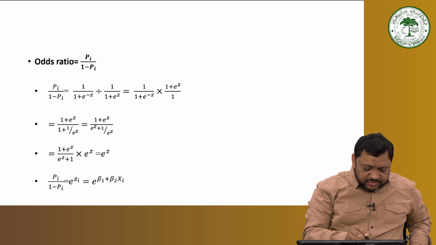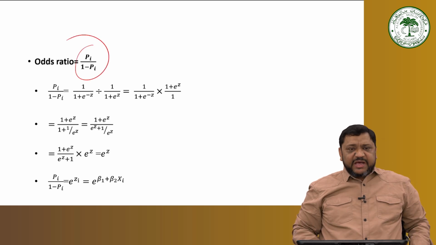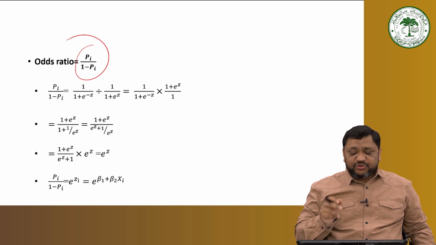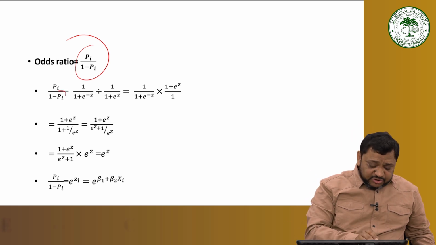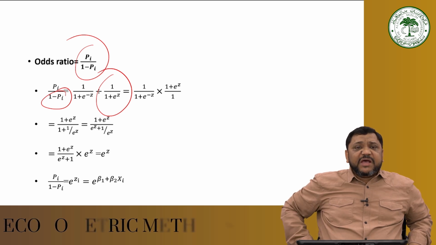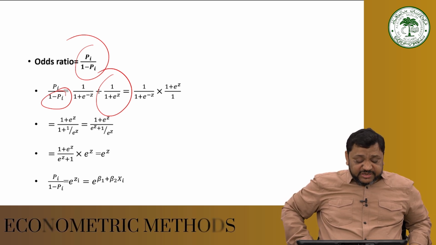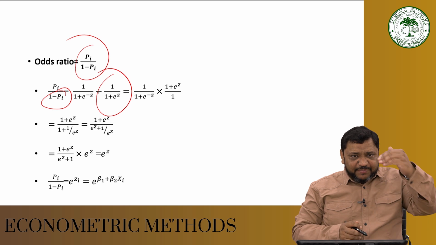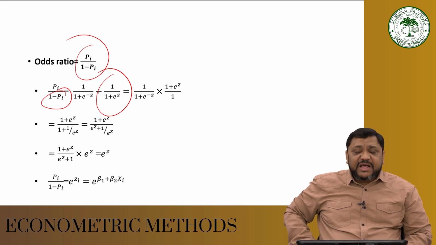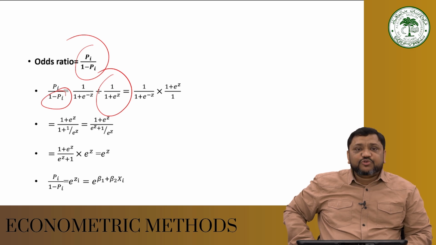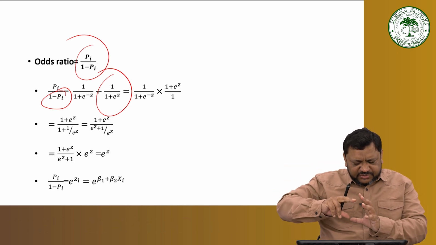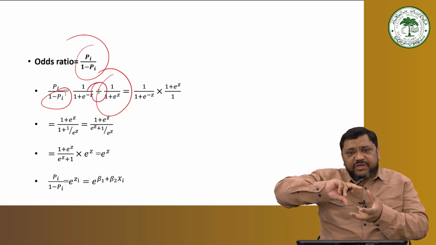So if we just expand these terms, pi, if you remember, is equal to 1 upon 1 plus e raised to the power minus z. And what is 1 minus pi? It is just 1 divided by 1 plus e raised to the power z. So when we are writing pi divided by 1 minus pi, we can say it is equal to 1 upon 1 plus e raised to the power minus z, and for the other term, because there is a division sign, we flip it.